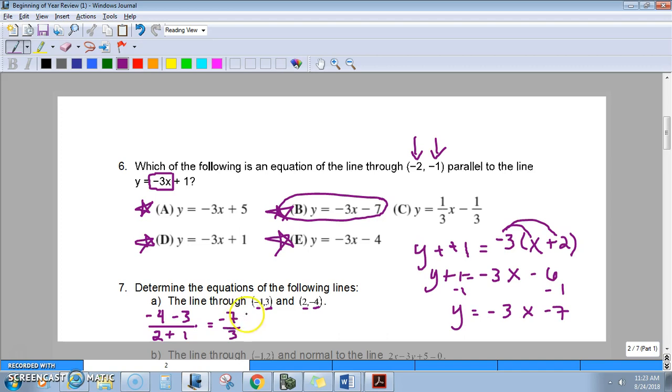That's our slope. And then we can just put it in point slope form. We can just pick one of the points. Let's make this easy, and let's use the one with the 2 and the -4. So y minus -4, which is just y plus 4, is equal to the slope -7/3 times x minus 2. Okay, so that's a linear relationship.